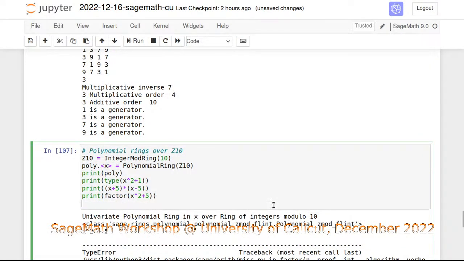Now on the other hand, suppose that we define Z5, or is it 11, to be the, or better, using a single command we can do this. Polynomial over y, polynomial is y, where this is over integer mod ring 11.